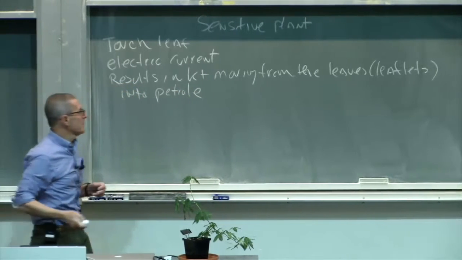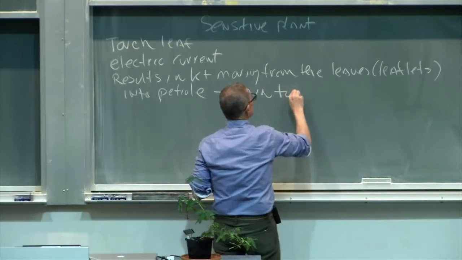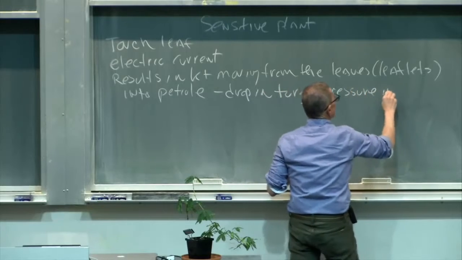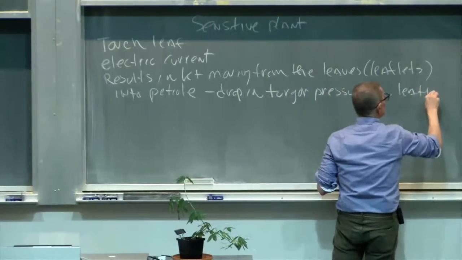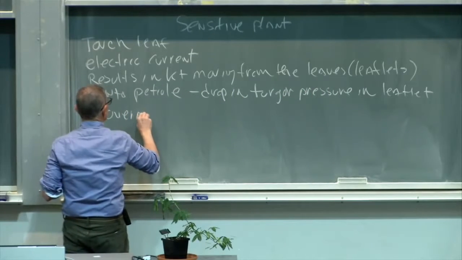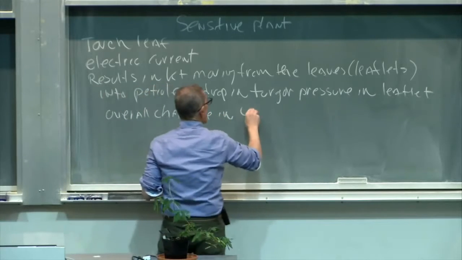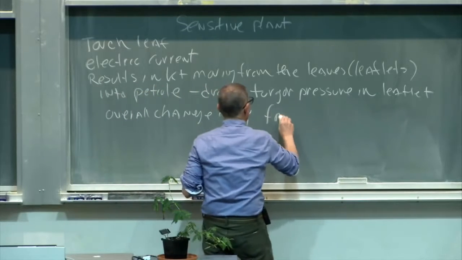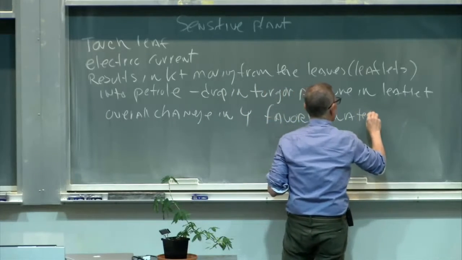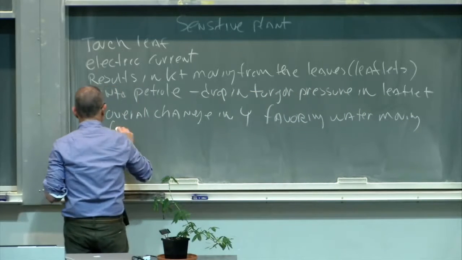And this is accompanied by a drop in turgor pressure in the leaflet. And an overall decrease, or an overall change in psi, favoring water moving from the leaflet to the petiole.